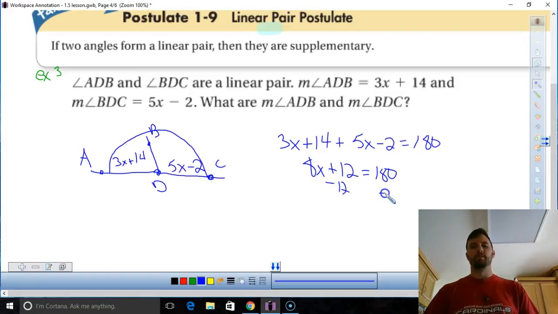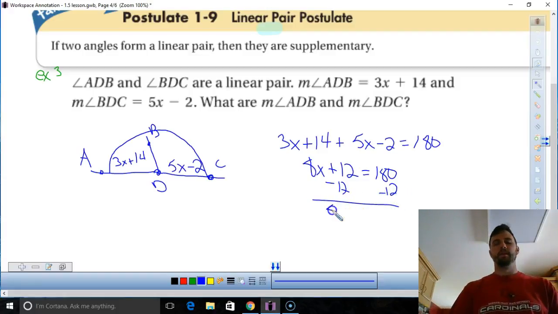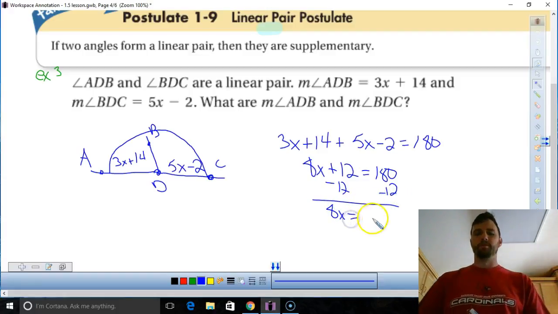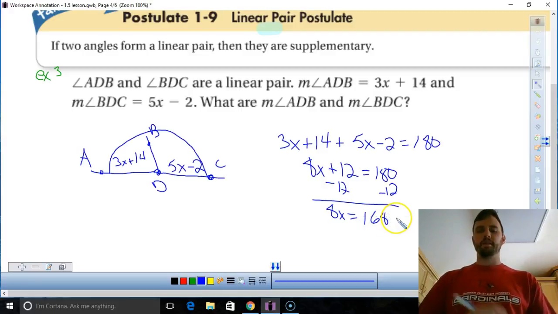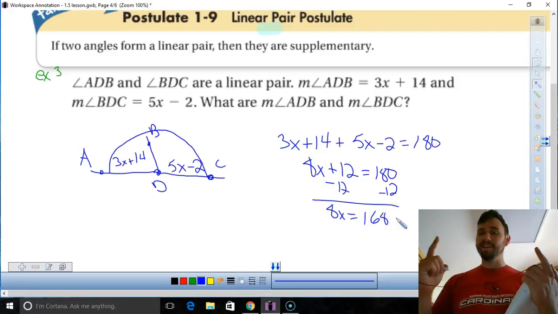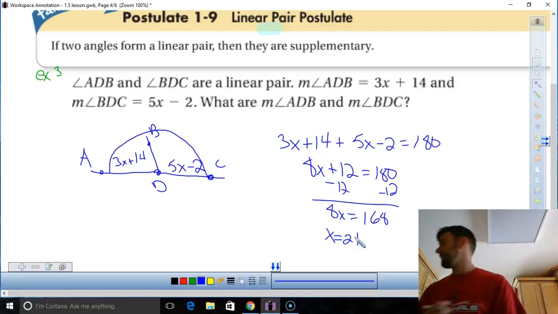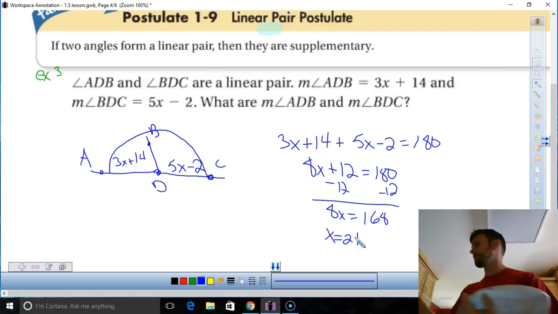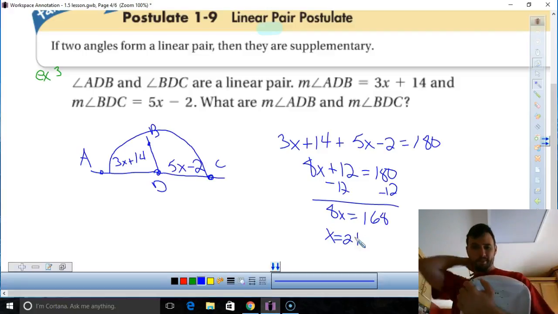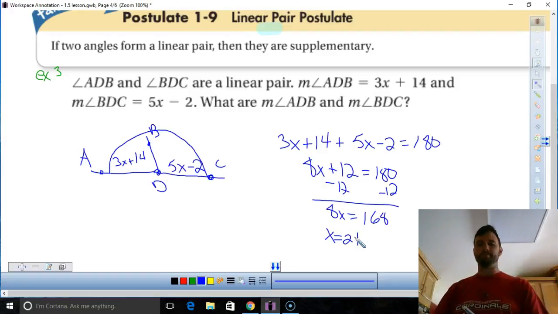Subtract the 12 over. 8x equals 168. And that's 21. Check me on that one. Let me know if I do something wrong the next day, because I'm doing this without a calculator. I left my notes over on the table. Alright, so x is 21.